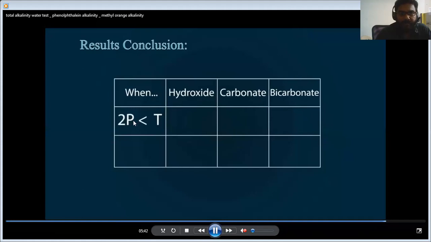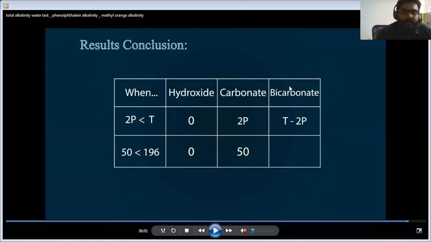We calculate how much methyl orange and phenolphthalein indicator is needed. This is the best method for calculation of alkalinity. I will repeat again.